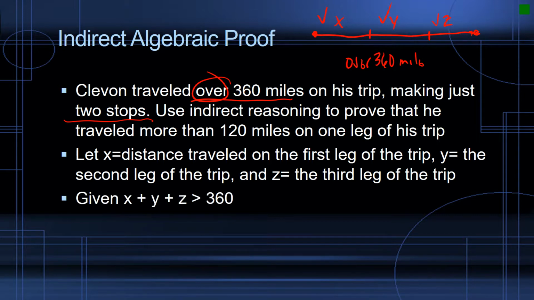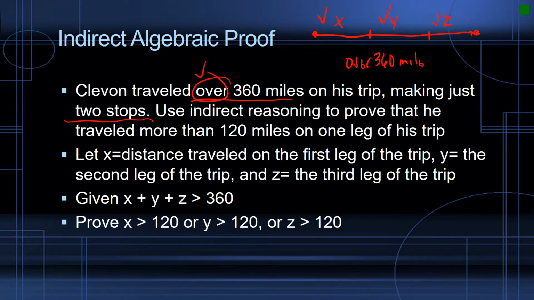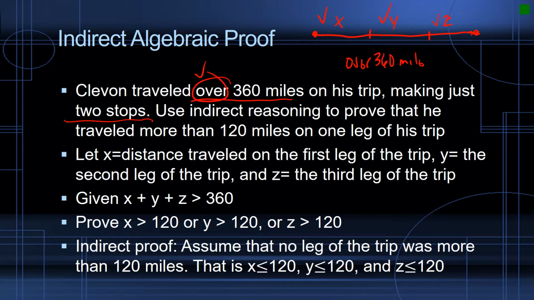So then we come up with a given statement: X plus Y plus Z, the 3 legs of the trip, is greater than 360 miles, over 360 miles. 3 segments of the trip. All right, then let's see. Prove that X is greater than 120, or Y is greater than 120, or Z is greater than 120. Again, common sense would tell us that, but hey, we're doing indirect proofs.